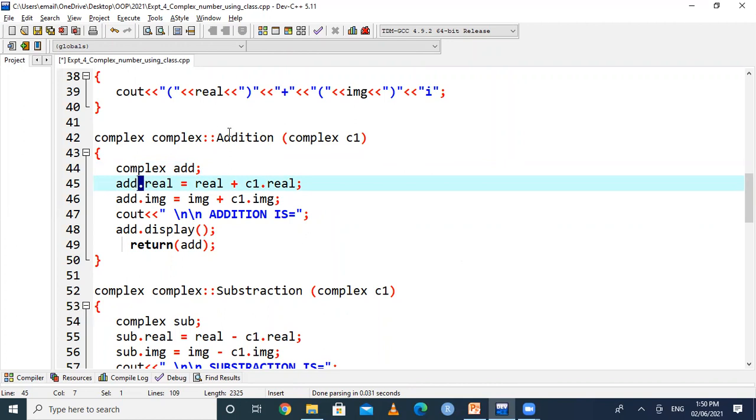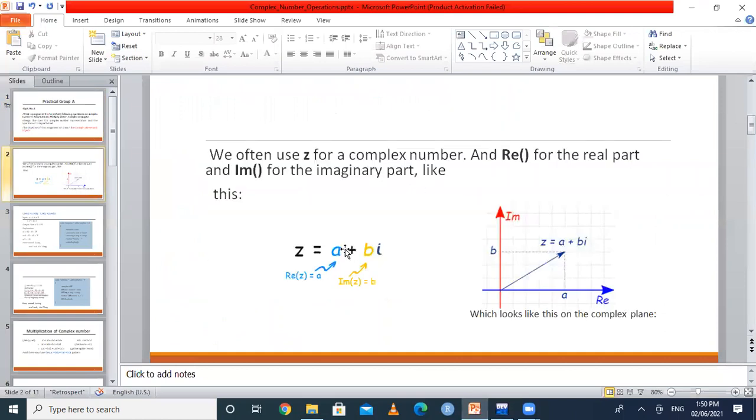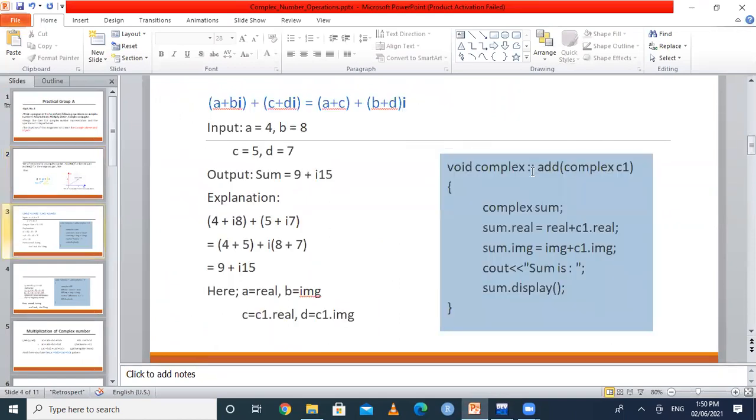Here we go for the definition of the addition function. So how do we add complex numbers? We know a complex number is in terms of a plus bi, which means it contains a real part and an imaginary part. Whenever we add two complex numbers, suppose the first is a plus bi and the second is c plus di, we add the real parts and the imaginary parts separately. In the first complex number, a is the real part, and in the second, c is the real part, so the output is a plus c.